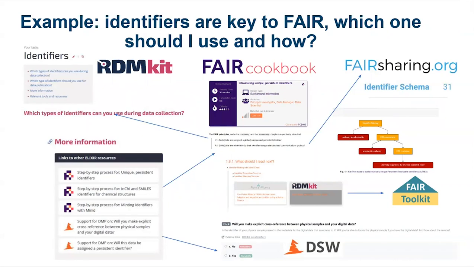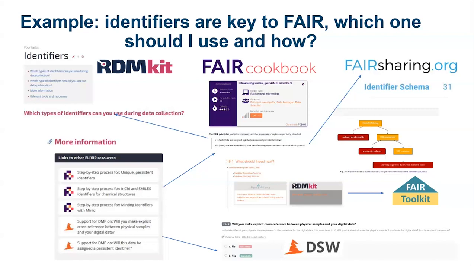The very simple example is that everybody needs identifiers. Identifiers are a key element of FAIR, as you know. One needs to know what identifiers there are for which digital type, how to use them, how to mint them, et cetera. So, for example, if the user enters the RDMkit and is looking for identifiers, there is an identifier section.